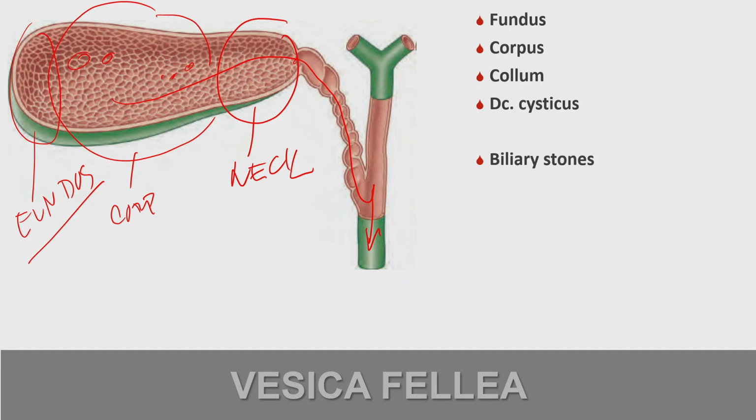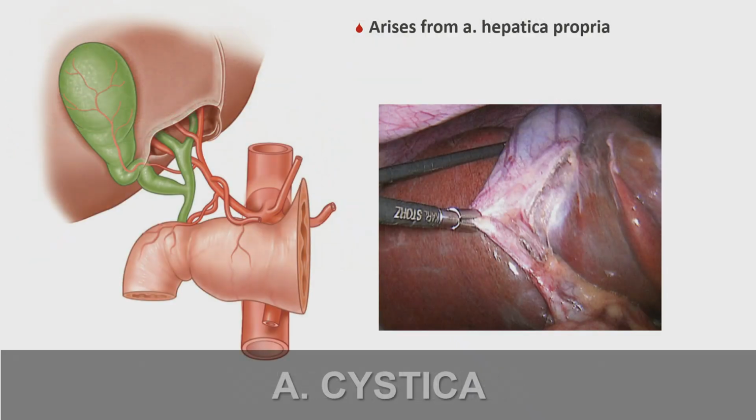Due to over-resorption of the water in the biliary system, crystallization could occur of some of those substances dissolved in the bile, like biliary stones. They could be made from bilirubin or cholesterol, or both together. The supply of the gallbladder is important.